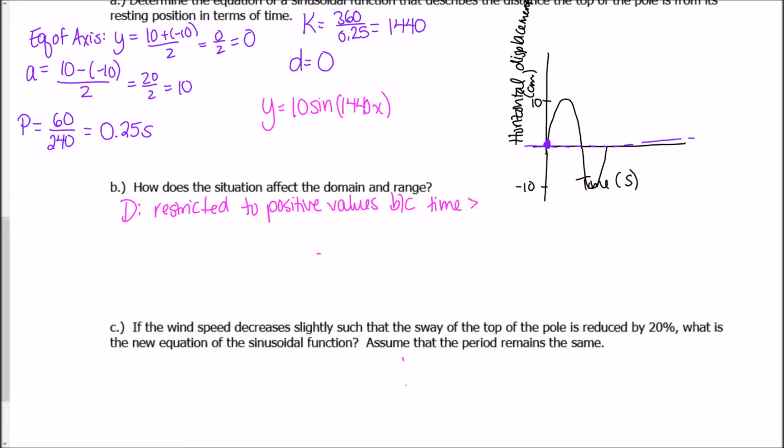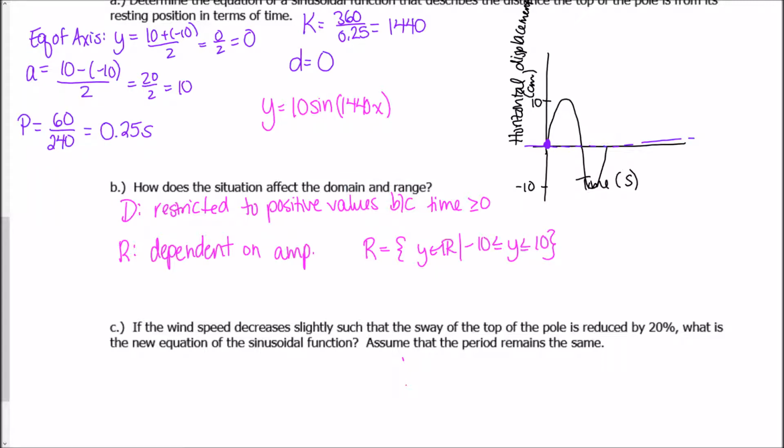Time has to be greater than or equal to 0. And then our range is dependent on the amplitude. It's always going to be dependent on the amplitude. And so here, our range would be y is an element of the reals such that y is between -10 and +10.